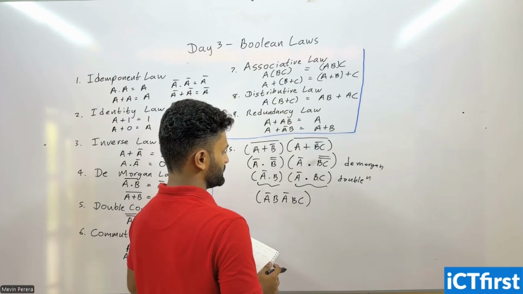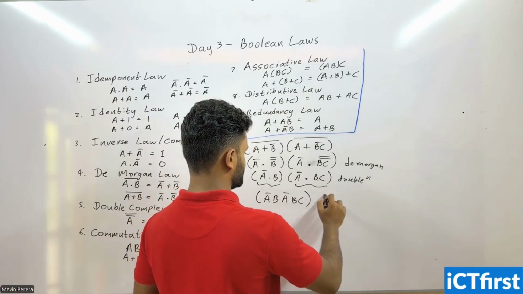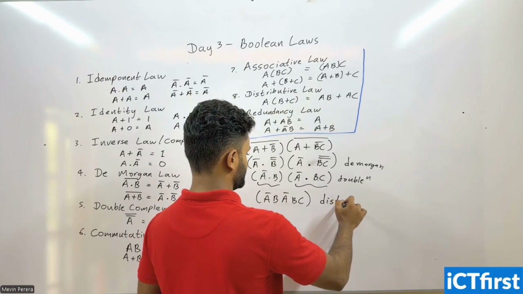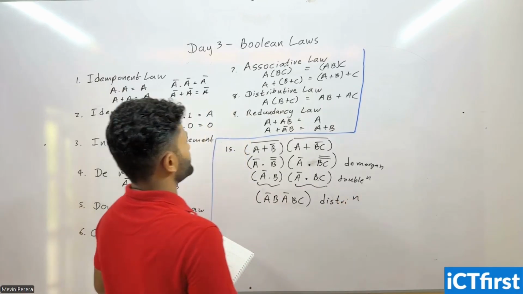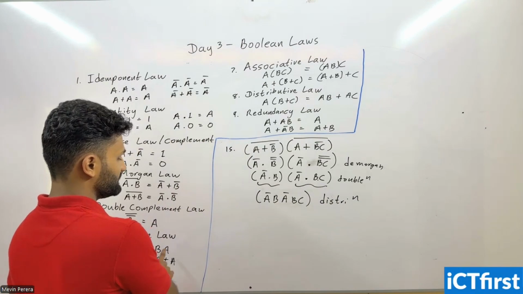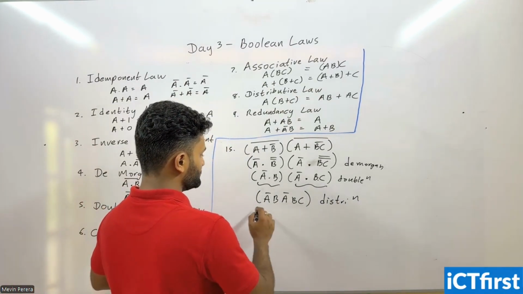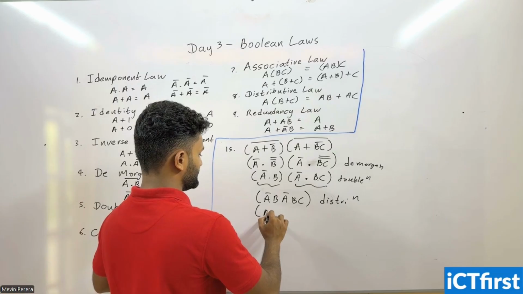So I want to arrange this. This particular one was called distributive, right? Okay. So I want to arrange this in a way that would suit me. How do we arrange it?